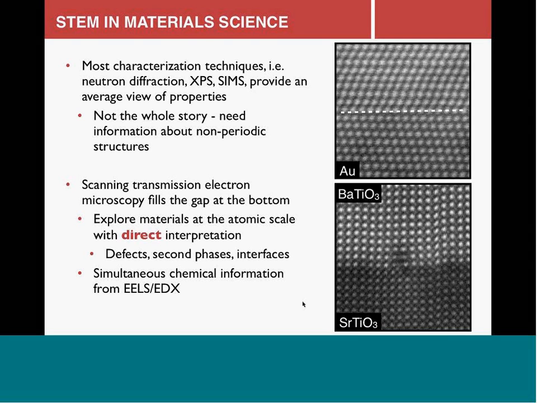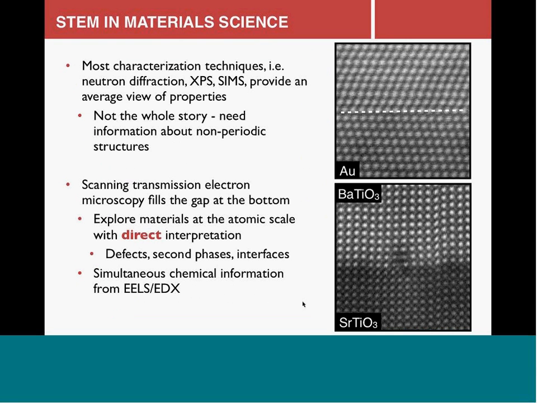But what controls properties is often single defects or defects localized to specific regions that you want to learn something about. And that's where STEM really fills in this gap, because it allows us to explore materials at the atomic scale directly. I can see where atoms are at. I can compare with models, compare with DFT, and understand our system much more thoroughly than we can simply with HRTEM.